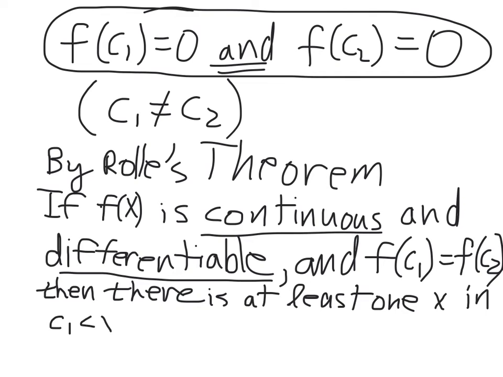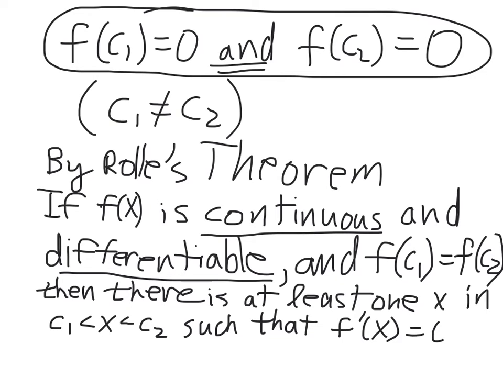We really have not said that c sub 1 needs to be smaller than c sub 2, but we could assume that. The point here is x has to be somewhere in between c sub 1 and c sub 2 such that f prime of x equals 0.